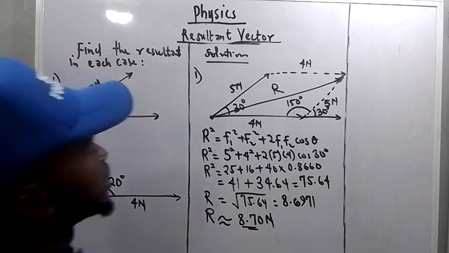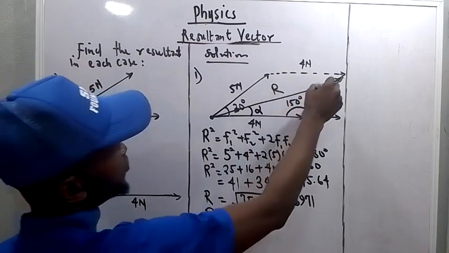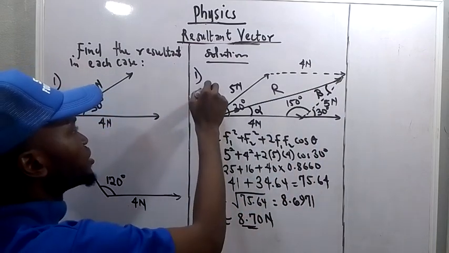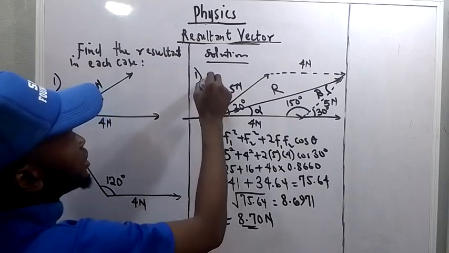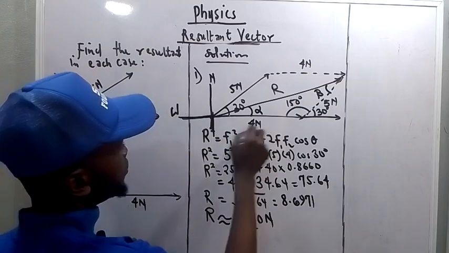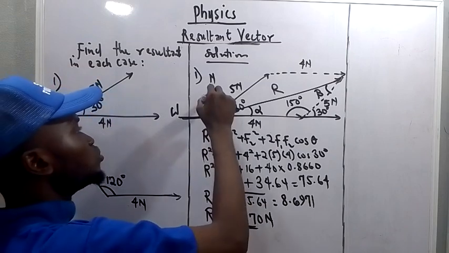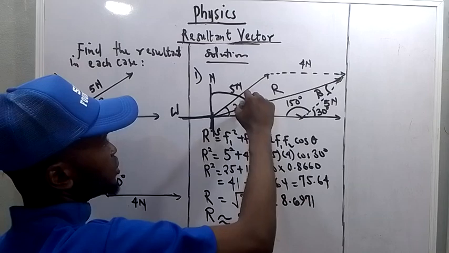So that's the resultant, but the resultant is not completely specified by its magnitude only. We need to get the direction. Now I can produce an angle here called alpha, and another angle here called beta. Now if I complete this for 4 cardinal points, here will be my north, here will be my west, and this is where I will have the east, and south will be downward here. I need to know the angle that the resultant makes with the north.